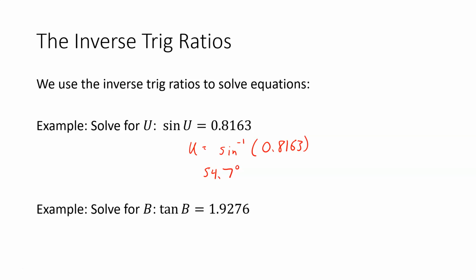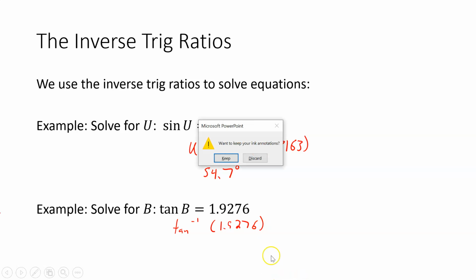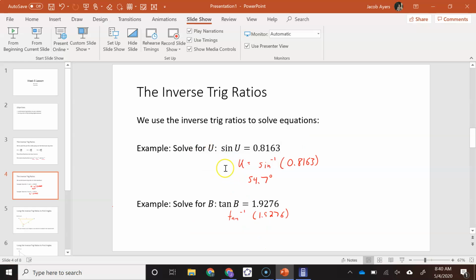Now, I'd recommend you go ahead and take a second, pause it, and find your inverse tangent button, and find this one. So it's going to be tangent inverse of 1.9276, which is about, let's find out.